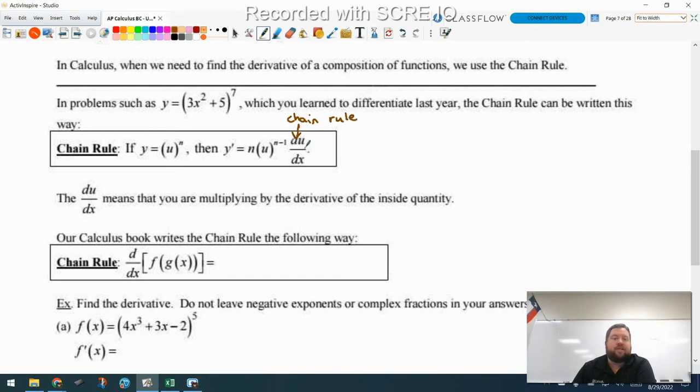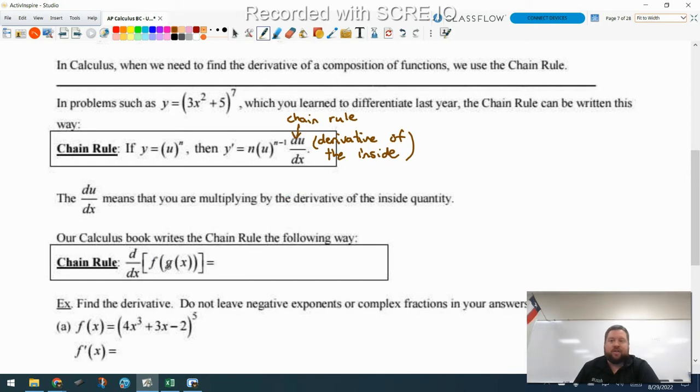That's the derivative of the inside. All right. I guess Miss Stevenson, who made these notes, wrote it down here, that we're multiplying by the derivative of the inside.